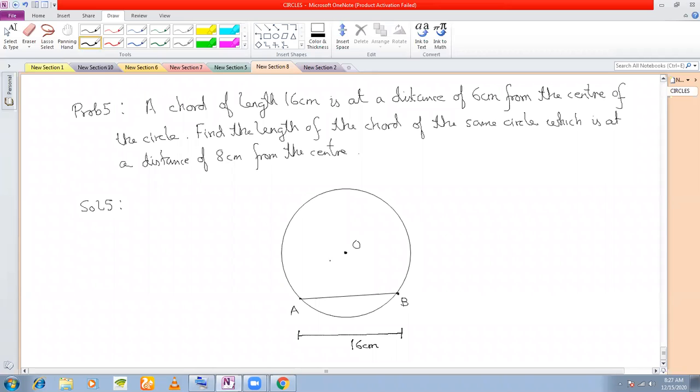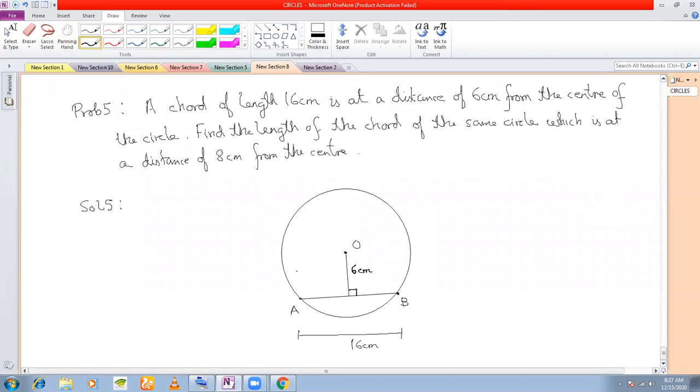When I talk about the distance of a point from a straight line, I mean the perpendicular distance. So I draw a perpendicular on this straight line, and I say that the distance of the center of the circle O from the chord AB is 6 centimeter.